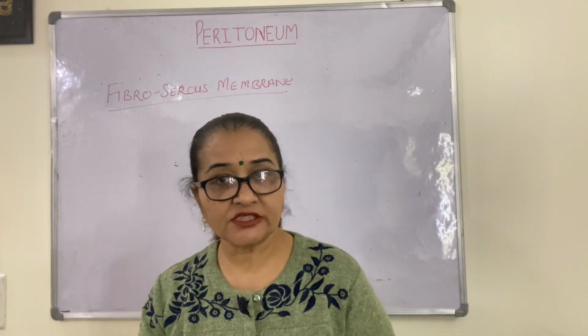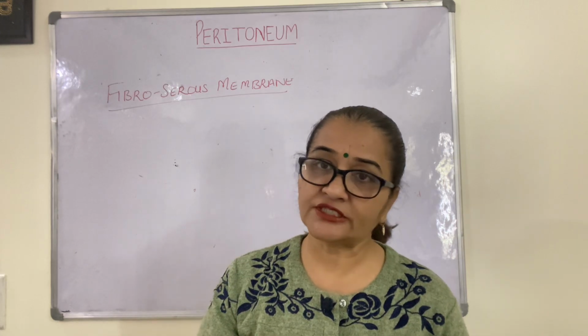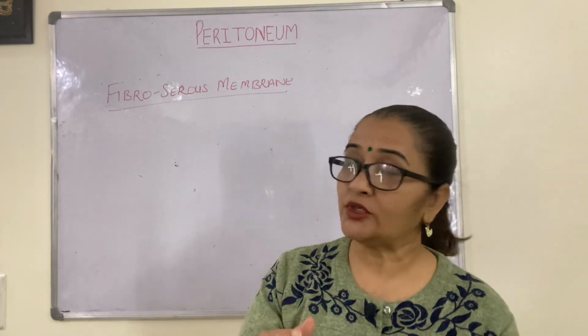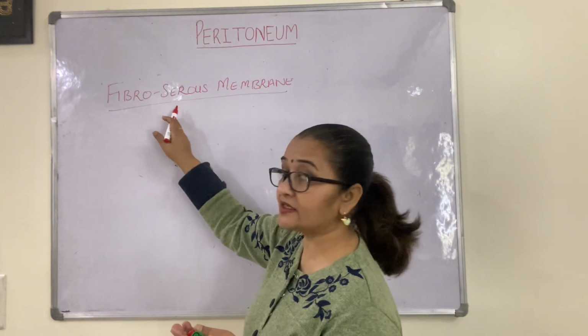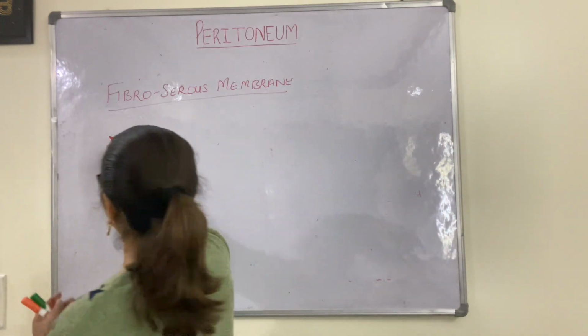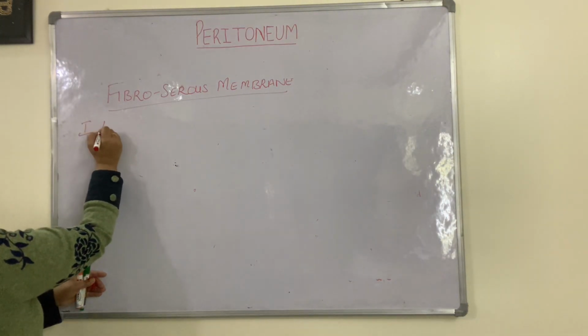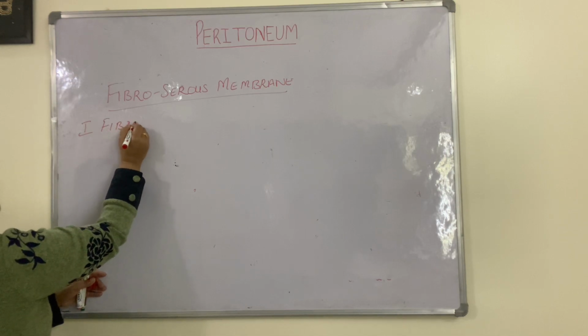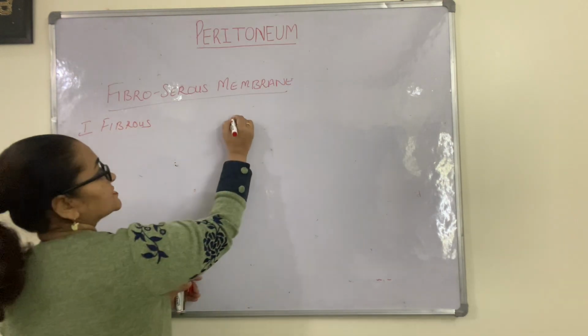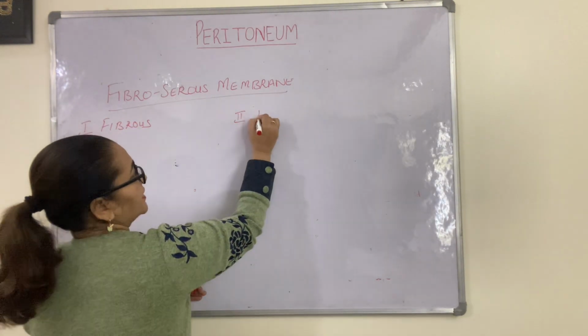Now if we see the histological picture, histologically, it is made up of two layers. So what are those two layers? As the name is indicating, it has a fibrous layer, and it has a mesothelial lining.